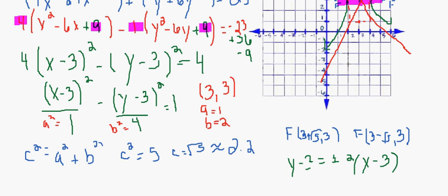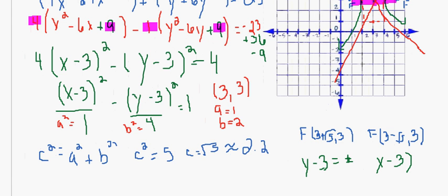And there you have your equations of your asymptotes. That looks like that 2 is an exponent, so I'm just going to fix it. It's 2 times the quantity, x minus 3. Okay, there you go. Thanks a lot, and I'll see you in class.